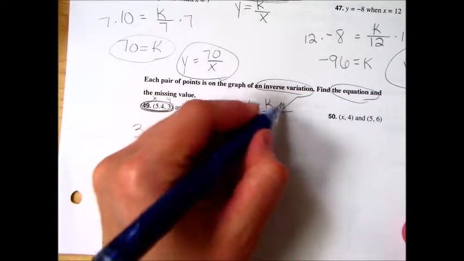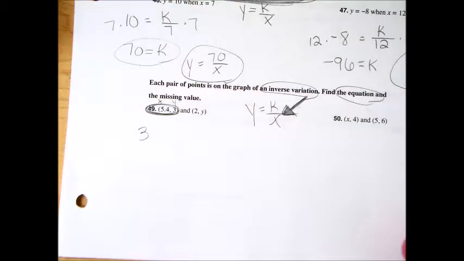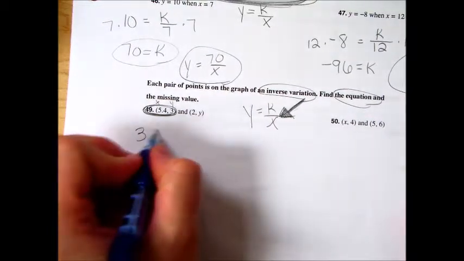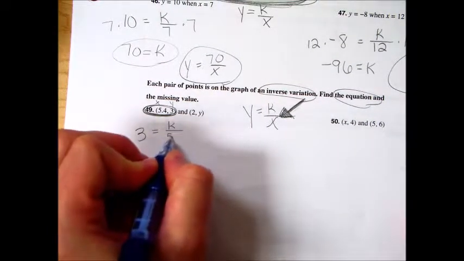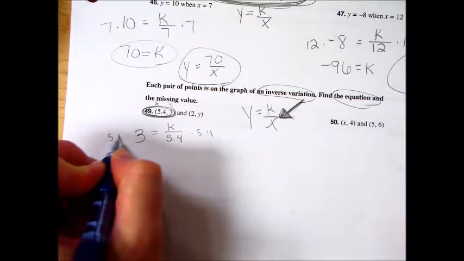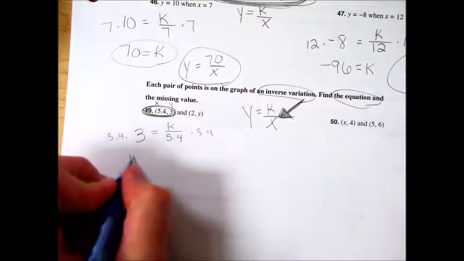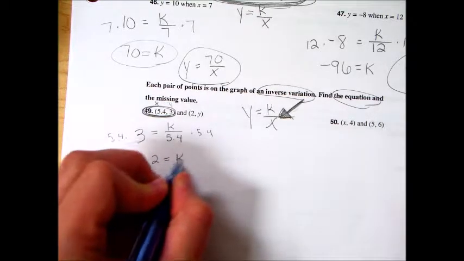So y equals k over 5.4 multiplied by 5.4. 3 times 5.4 is 16.2 equals k.